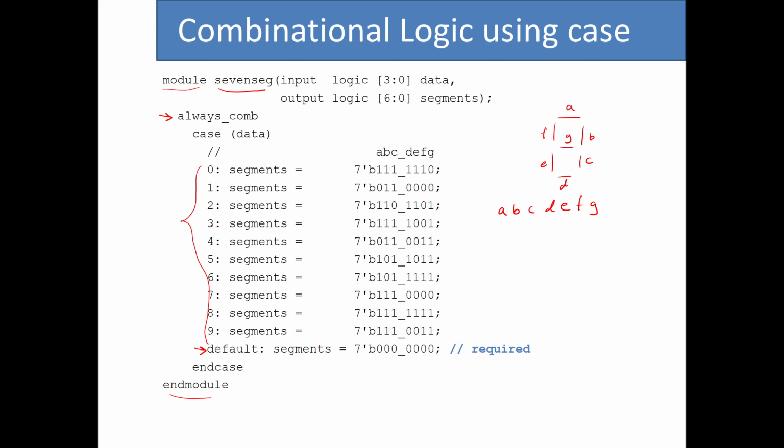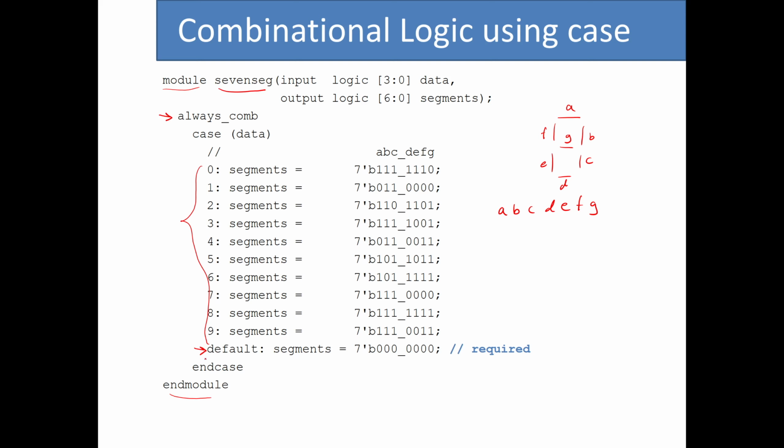More specifically, let's say you don't have this line and then you give a data that is greater than 9. Since there is no case for that specific number, the output remains at its previous value. So that's one example of having some memory functionality without wanting it, right? So it is important that inside a case statement you always have all the possible cases.